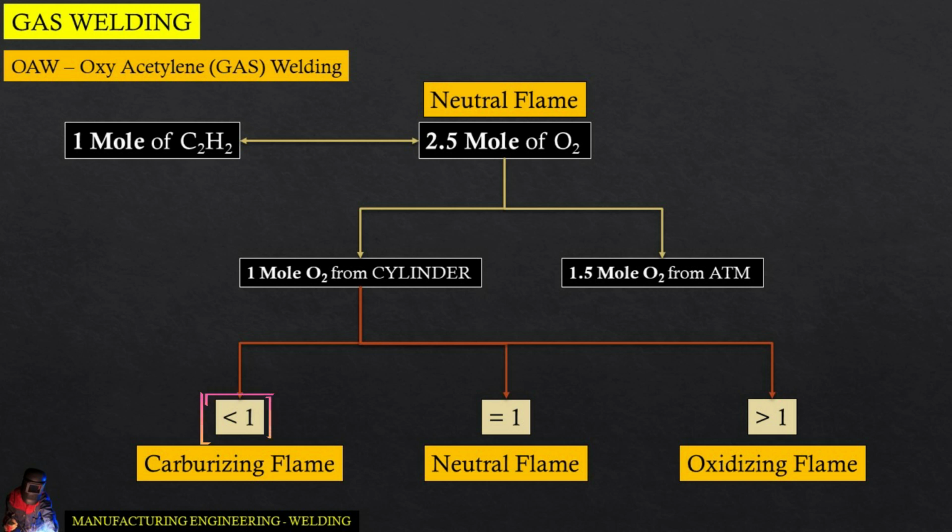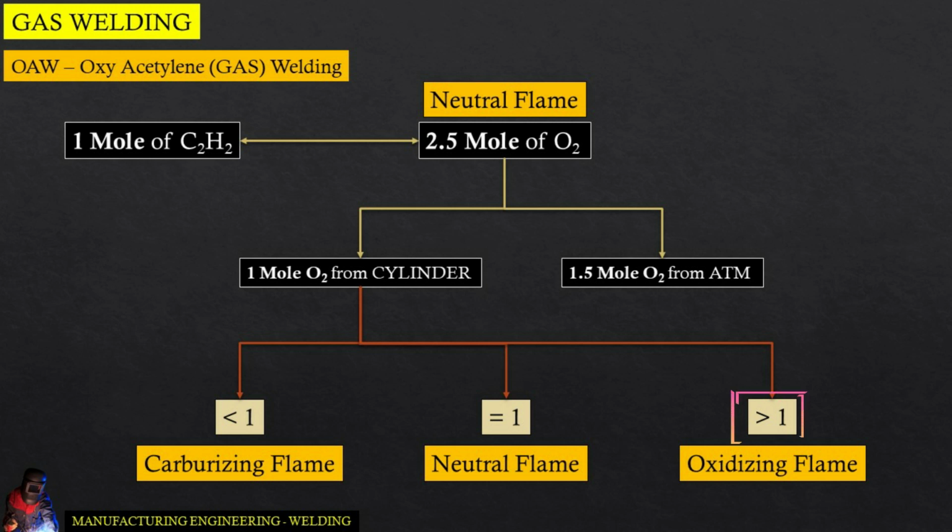If less than 1 mole of oxygen is taken from the cylinder, the resulting flame that we get is a carburizing flame. If exactly 1 mole of oxygen is taken from the cylinder, then the flame that we are getting is called a neutral flame.